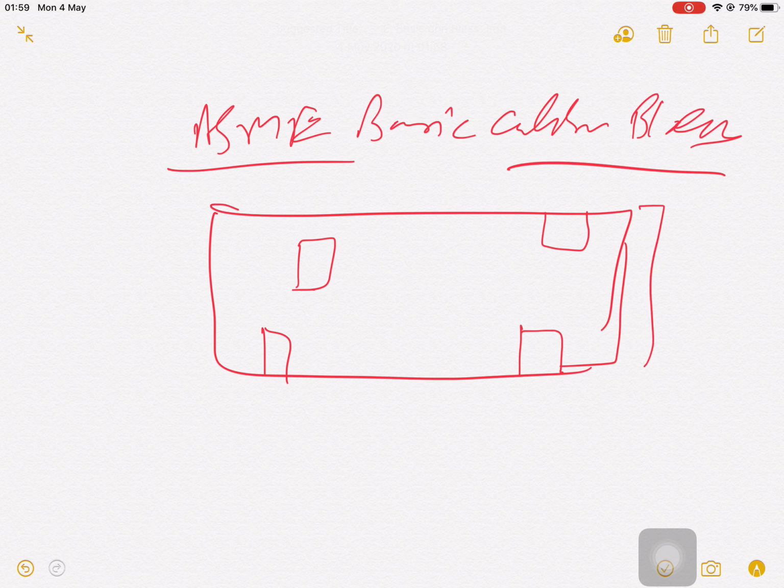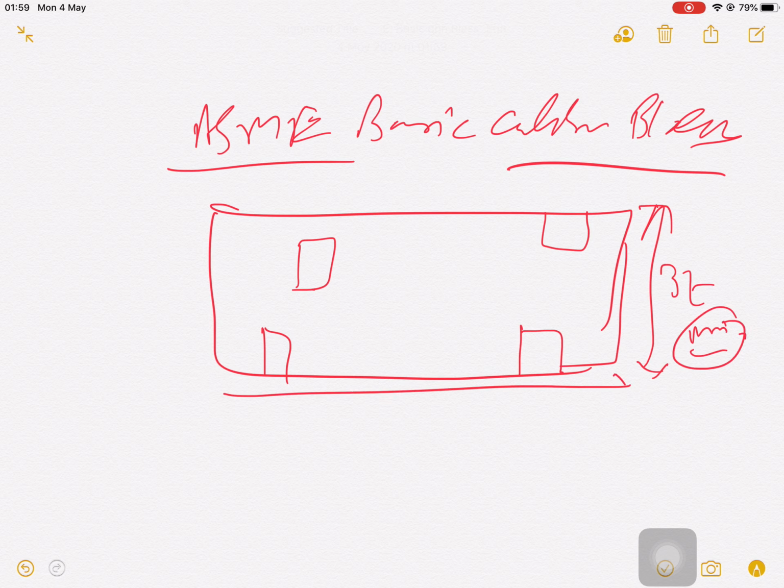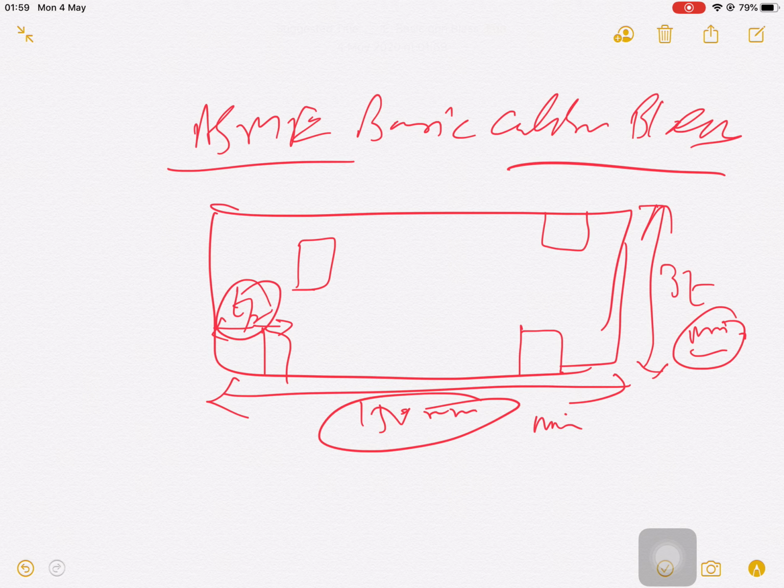Ultimately, the minimum width you have to take is 3T. The length of this one will be 150 mm minimum, and this is from T by 2 from there to there, and 38 mm, and this is the side drilled hole, and these are the typicals.